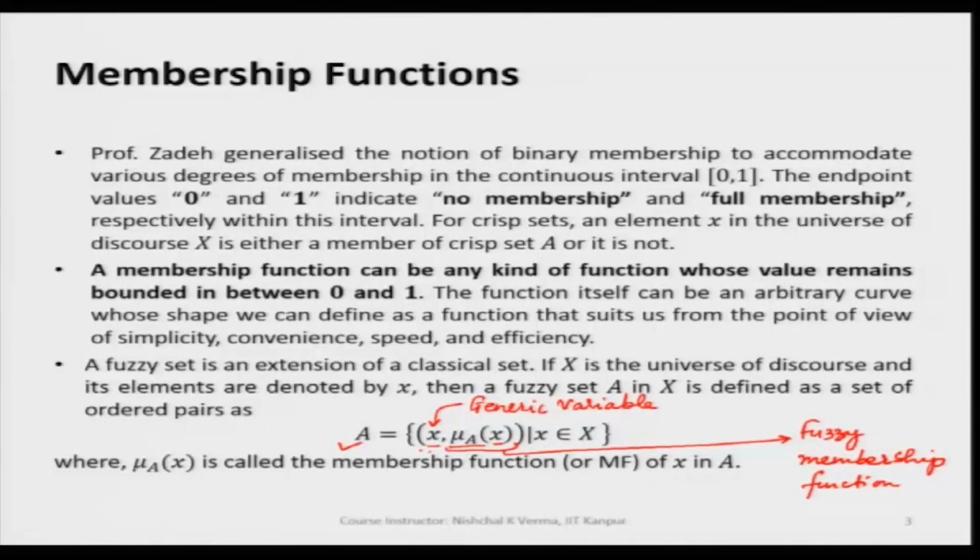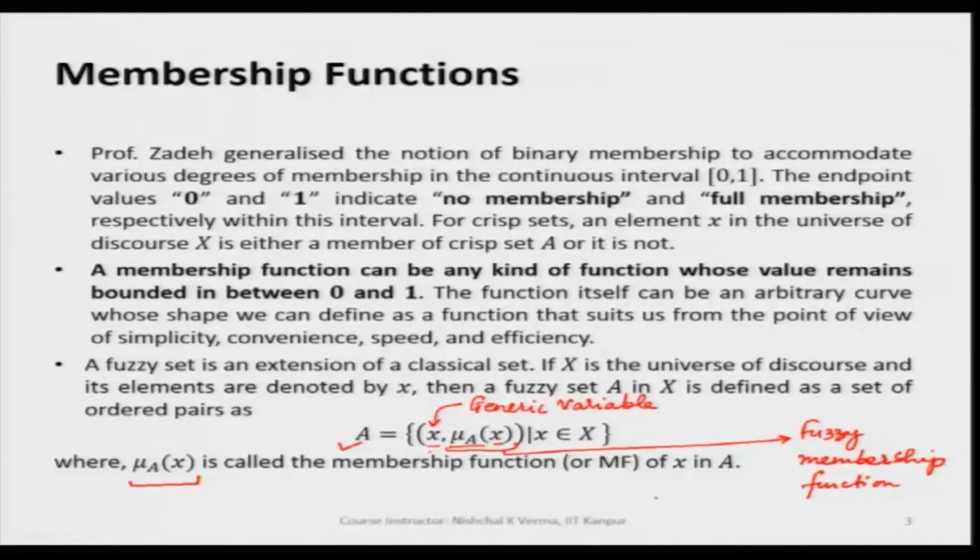So, we see here this mu A of x is very important in the sense that this membership function assigns the corresponding membership values, which are more than 0 up to 1.